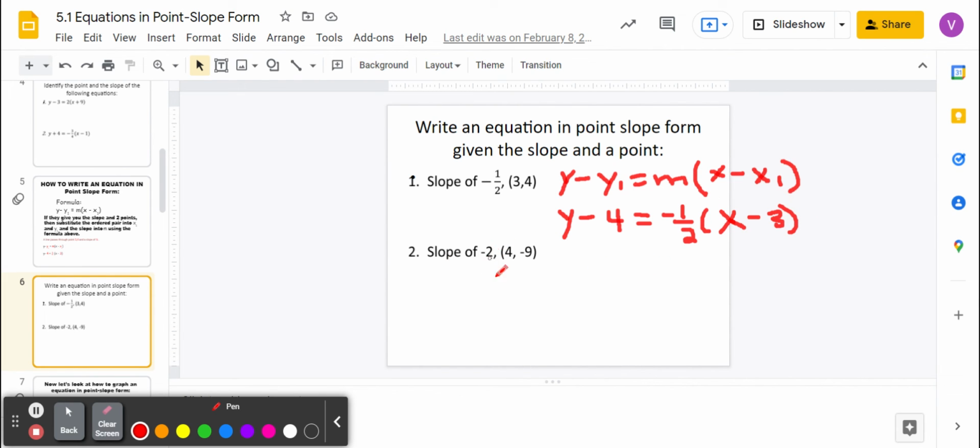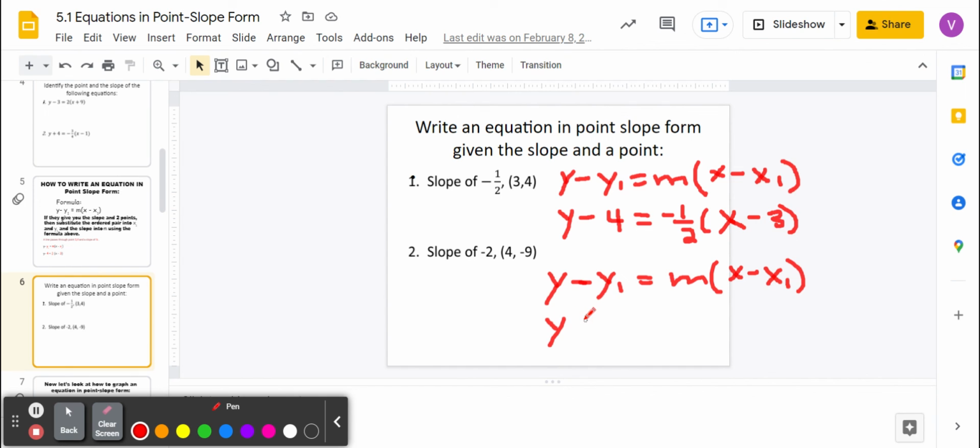Now, when you get down to negatives, you have to be careful because a double negative will yield a positive. Okay, so I'm going to write my formula again. y minus y1 is equal to m times x minus x1. All right, so my y here, this is y minus my y1.